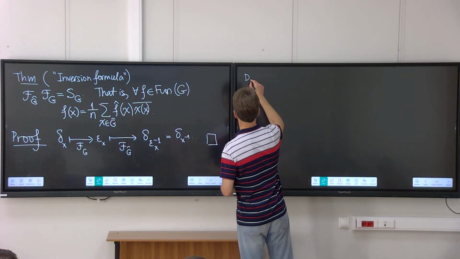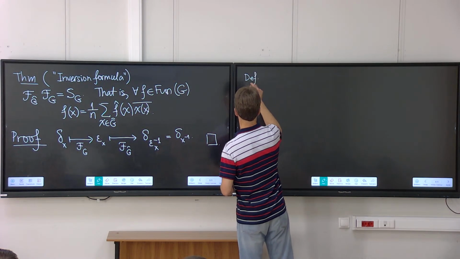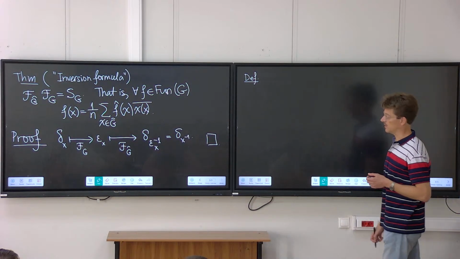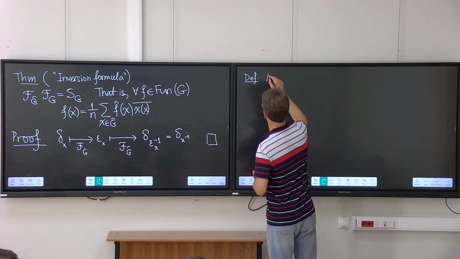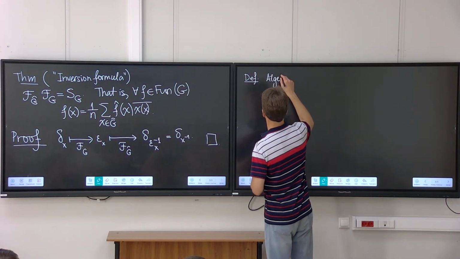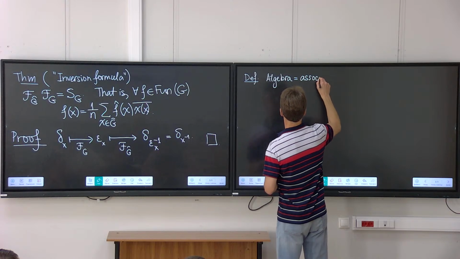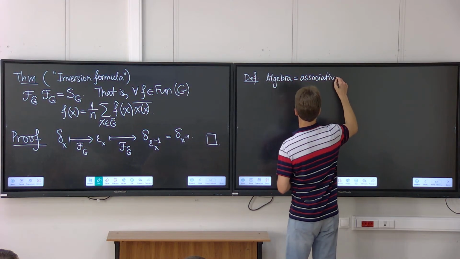First of all, let me explain what I mean by an algebra. By an algebra, I always mean an associative algebra over the complex numbers.